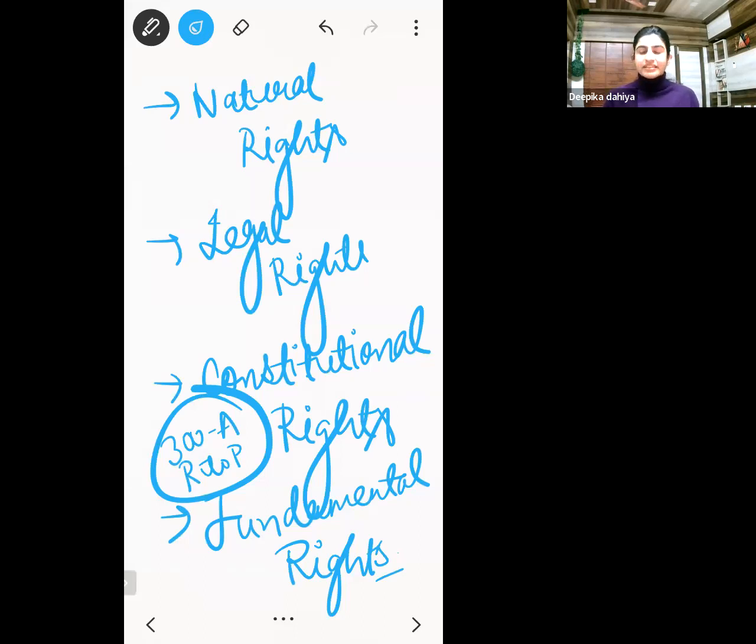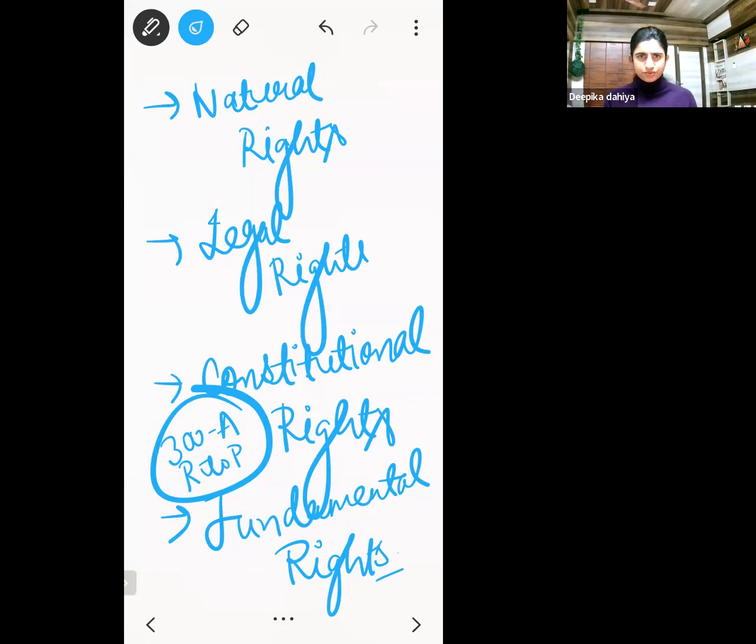No. Then let's talk about the fundamental rights. The fundamental rights are those rights which are mentioned under Part 3 of the Indian Constitution. Chapter 3, Article 13 to 35.